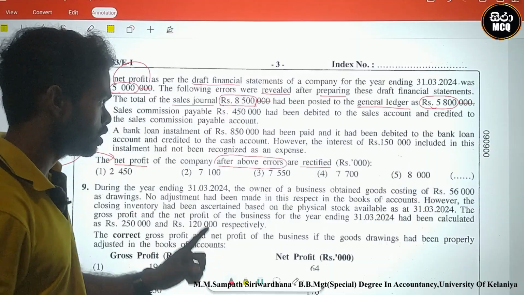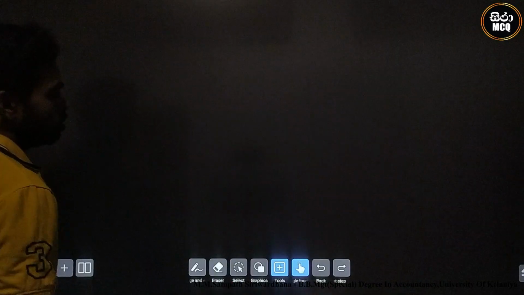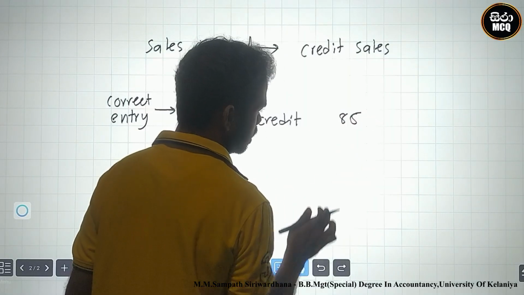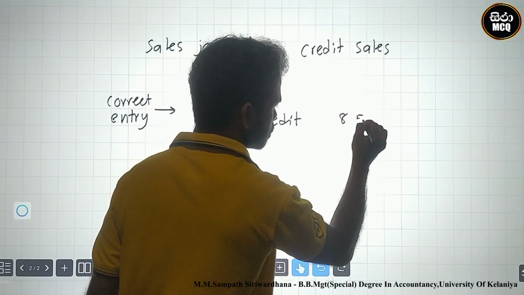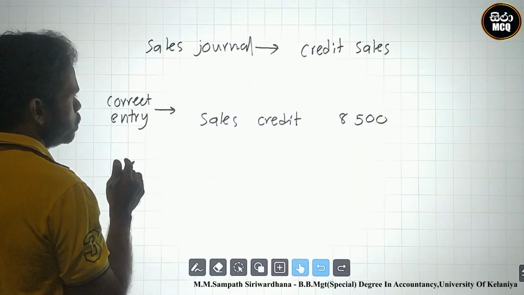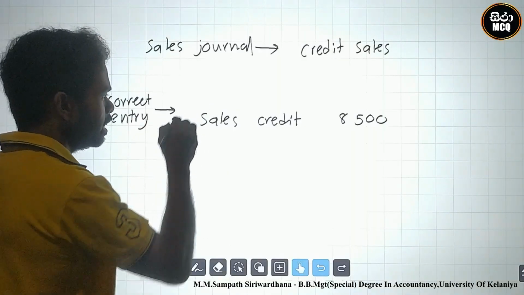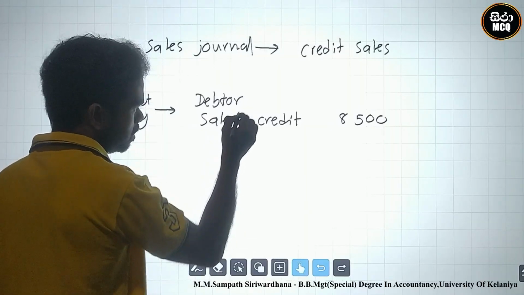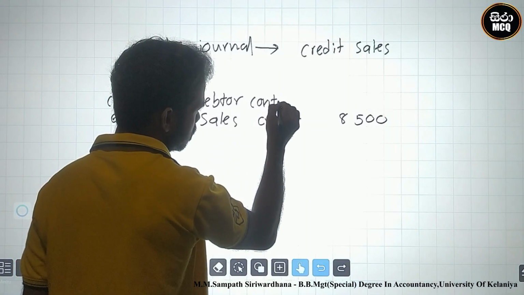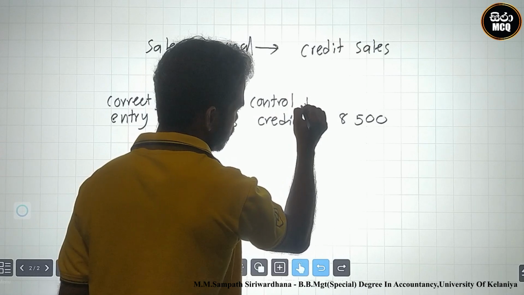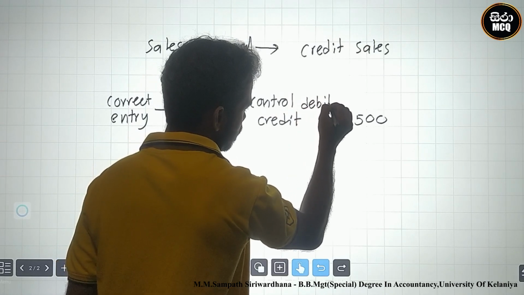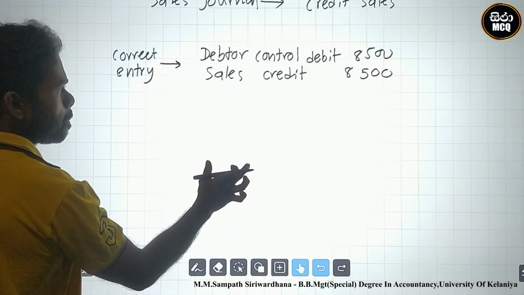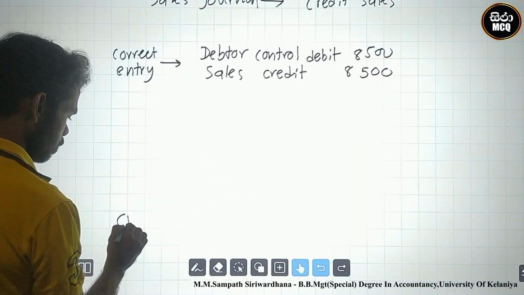Correct one is 8,500. Sales credit 8,500. Debit to which account? Debtor control. Debit 8,500. What is the current situation?